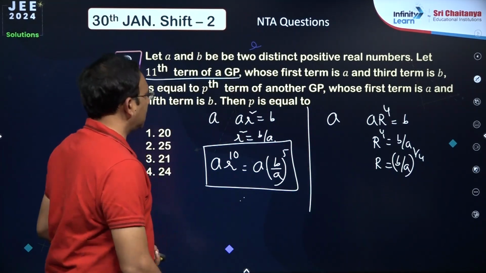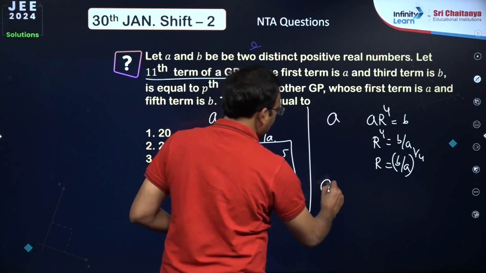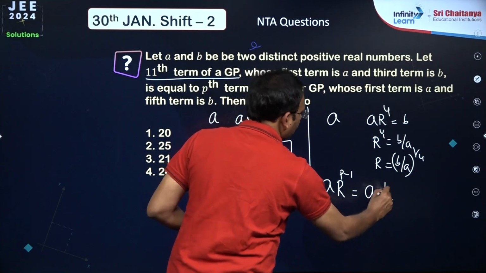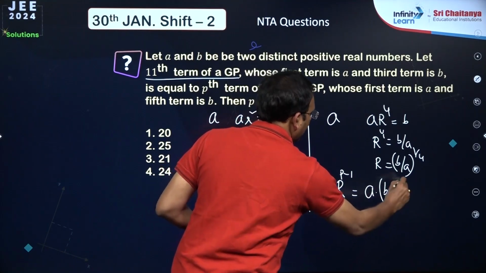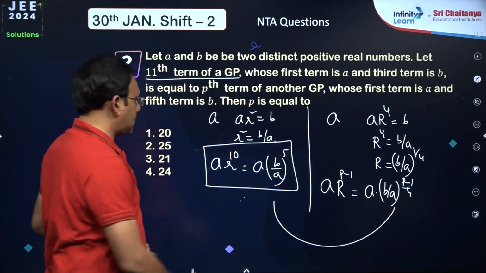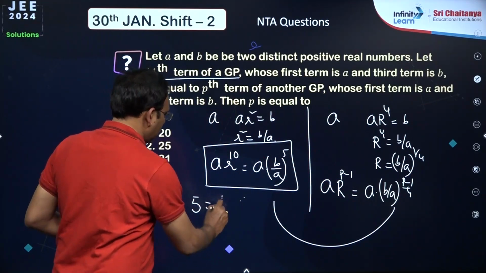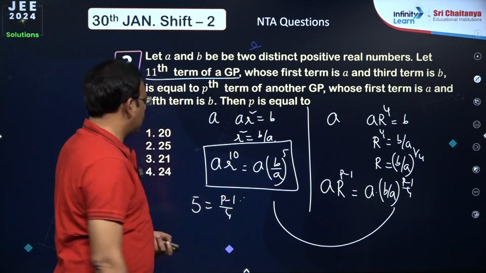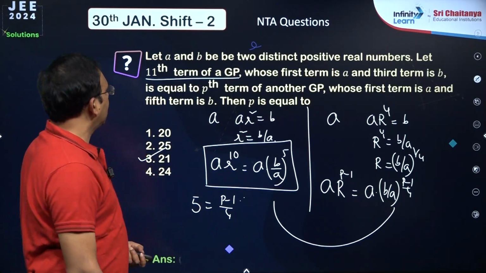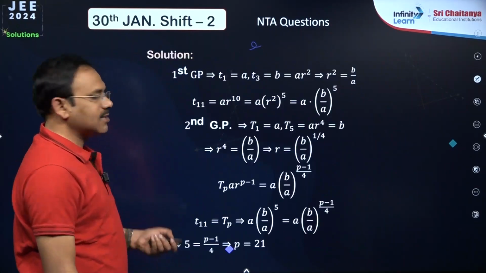Now the pth term is A r power p minus 1, which is A into B by A power p minus 1 by 4. Given these two are equal, 5 is equal to p minus 1 by 4. So p is going to be 21. That's it. Simple question.